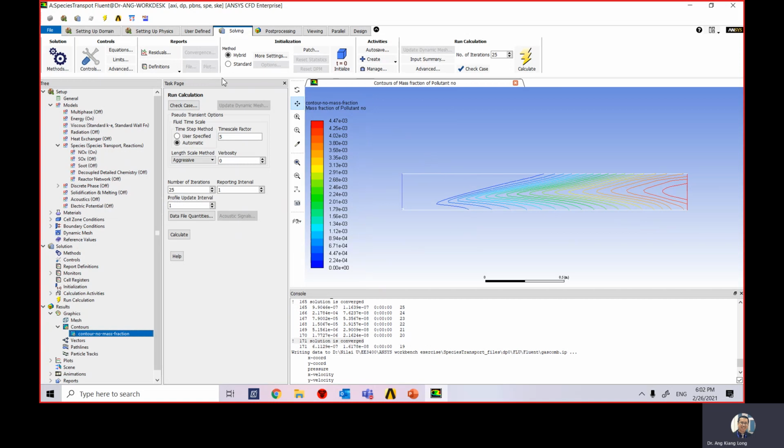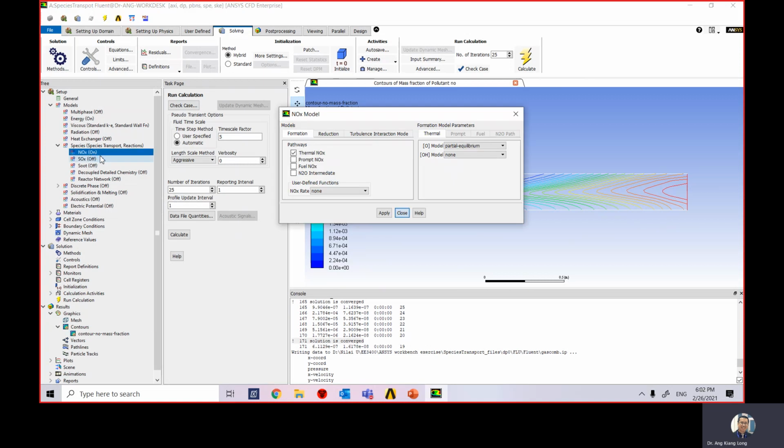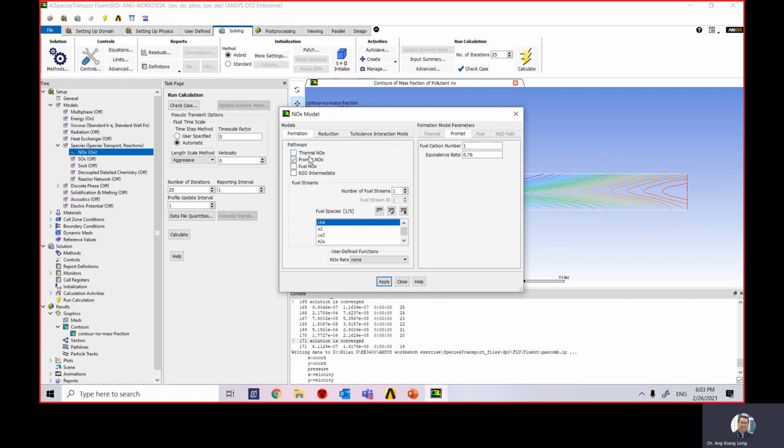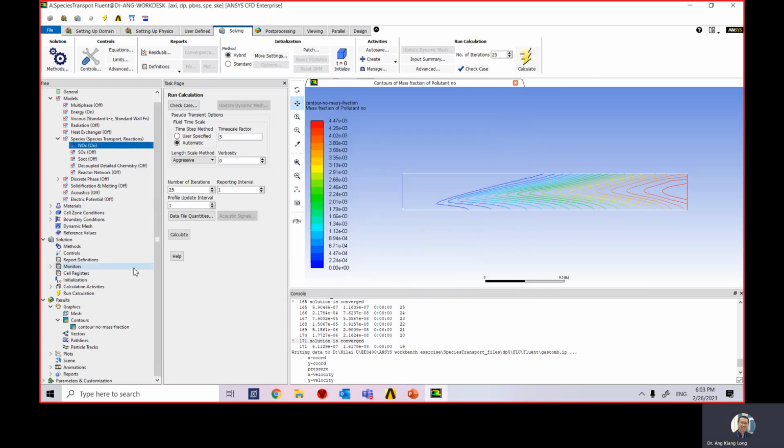So the next one we consider prompt NOx only. So again, you go back to the model, go to species, NOx, and edit this one. We're going to activate the prompt and then deactivate thermal to study this one. Apply, close, and then we run the calculation again.